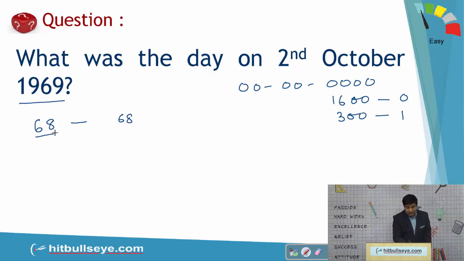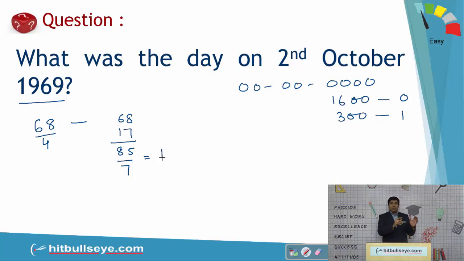Now the leap years occurring in 68 are 17. So we add 17 more, which becomes 85. Dividing it by 7, we get a remainder of 1. So up to 31st December 1968, we have 1 odd day.